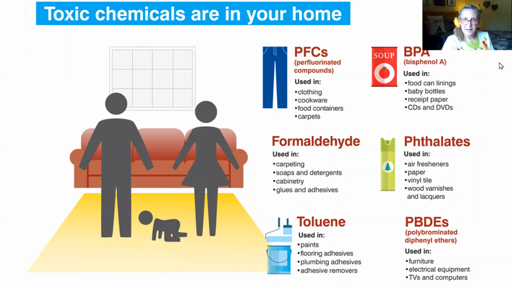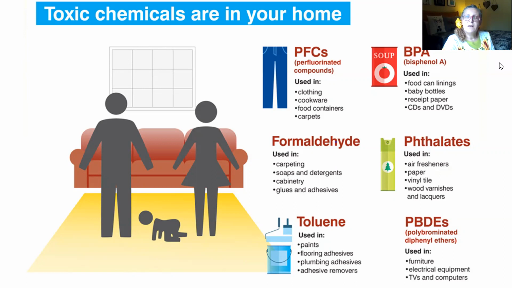We all understand formaldehyde, and it smells terribly. Take it from somebody who was in lab class and dissecting different animals. You smelled formaldehyde and it would just reek the air. How about phthalates or toluene or PBDEs? Again, an acronym. These are used in furniture, electrical equipment, TVs, computers.